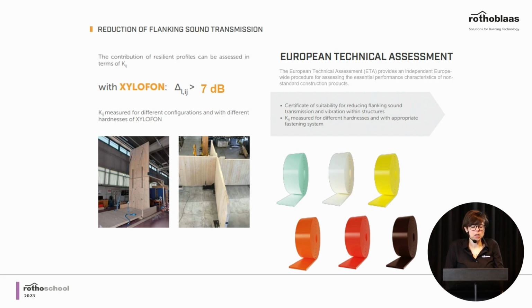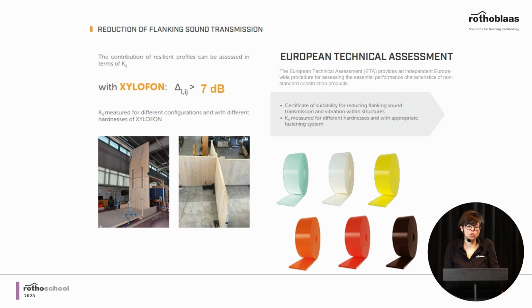One is using the estimation of the KIJ, so the estimation of the contribution of the resilient interlayer itself. In this case, we have done many measurements in which we have tested different kinds of configuration, different types of fastening system, and this allowed us to provide a value to estimate the improvement due to the use of this type.